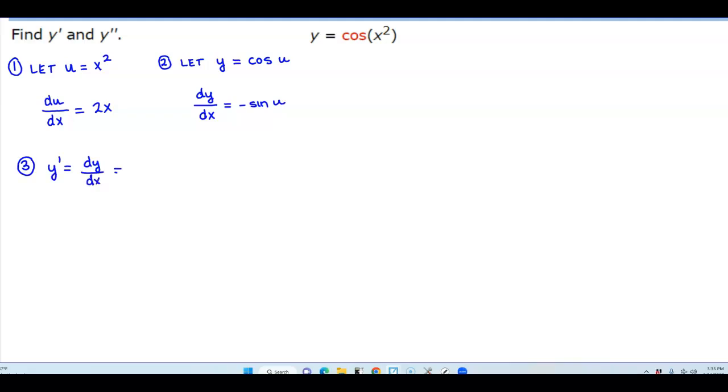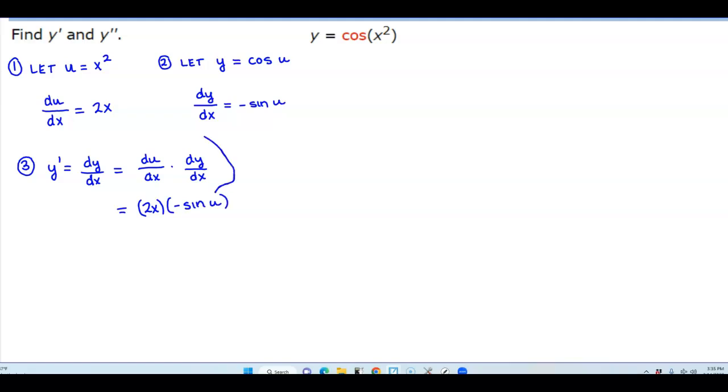So now, if we want to find y prime, which is the same thing as dy over dx, well, that's equal to du over dx times dy over du. And that's equal to 2x times the negative sine of u.